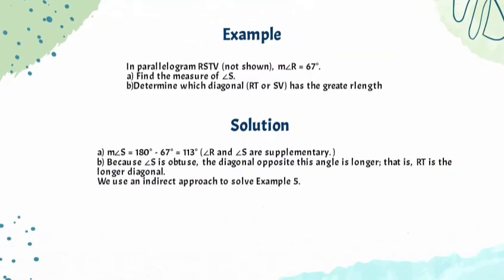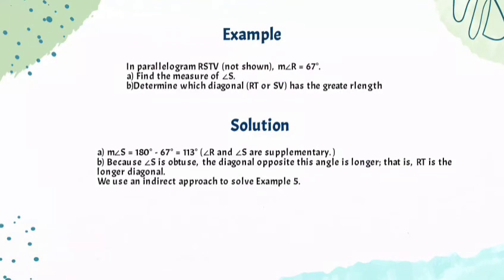Example 4. In parallelogram RSTV, not shown, the measure of angle R equals 67 degrees. A. Find the measure of angle S. Solution: measure of angle S equals 180 degrees minus 67 degrees equals 113 degrees, because angle R and angle S are supplementary.